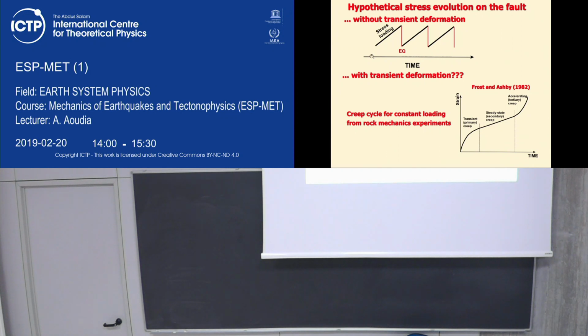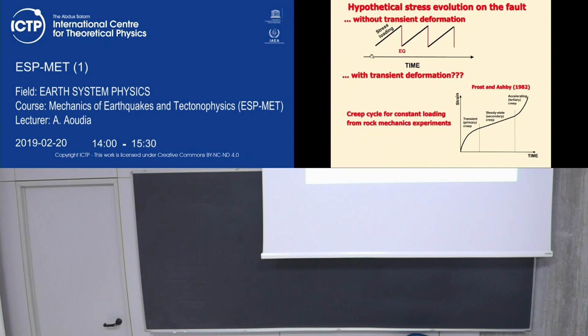And here, if we would like to understand earthquake mechanics, then we definitely need to understand also the fault mechanics. The mechanics of earthquakes and the mechanics of faults are two different entities that are connected, of course, because an earthquake is taking place over a fault. But a fault has its own mechanics.